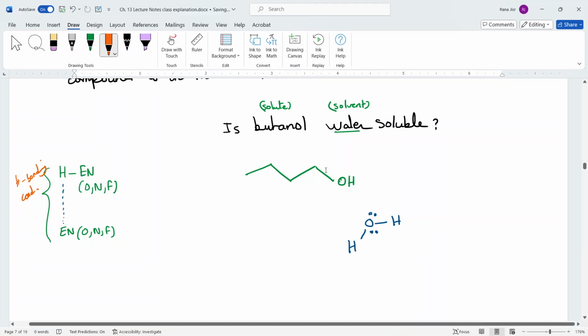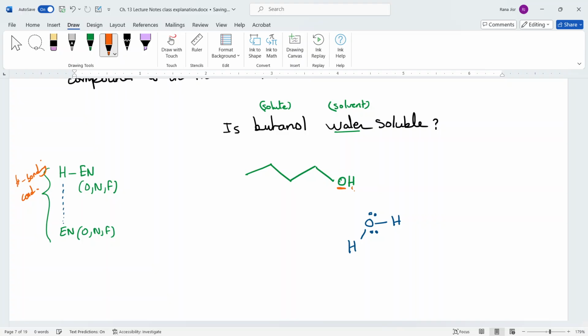You always start with your solute. It doesn't matter. You can pick the hydrogen in your solute or the oxygen in your solute. But I would prefer at the beginning to pick the hydrogen from the solute, because this is how the hydrogen bonding is formed. This hydrogen needs to be connected to an electronegative element. It is.